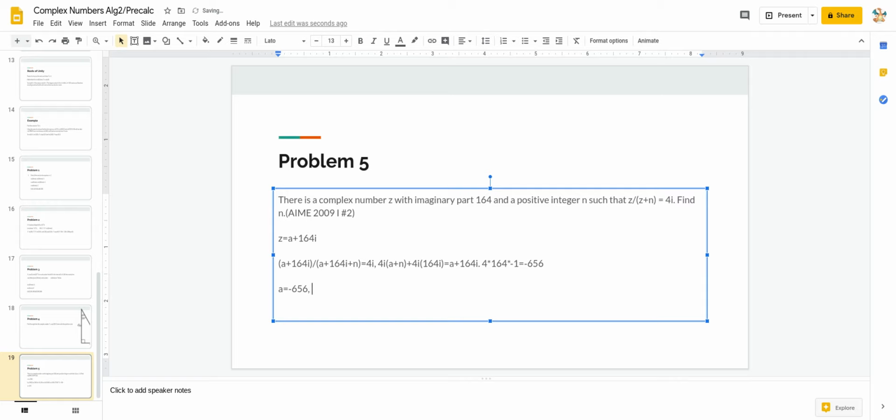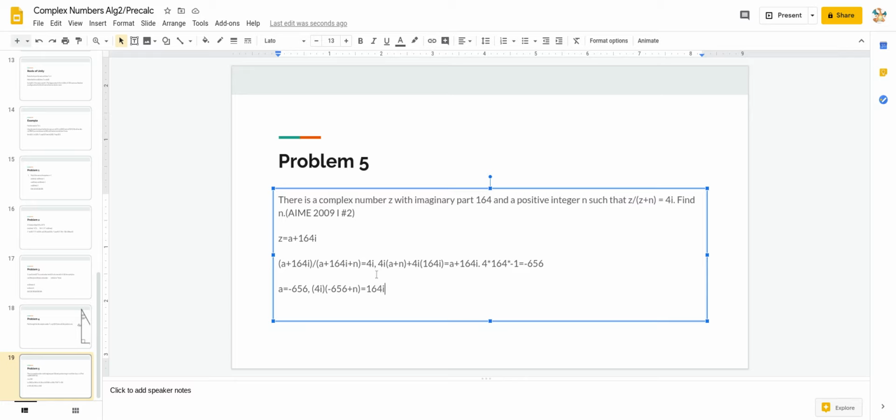Now that a is equal to negative 656, you can plug that into this equation, and you're going to get 4i times negative 656 plus n should be equal to 164i, because this is the imaginary part of this expression, and the imaginary part of this expression should be equal to this expression.